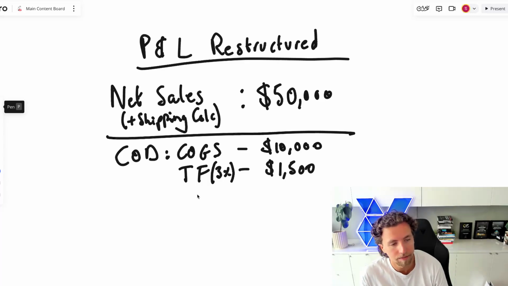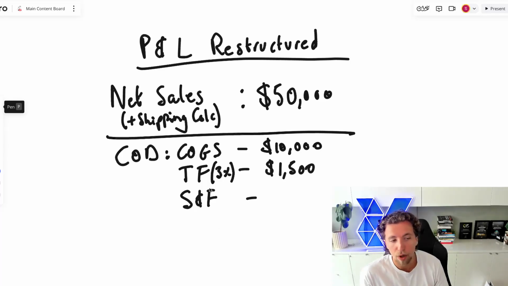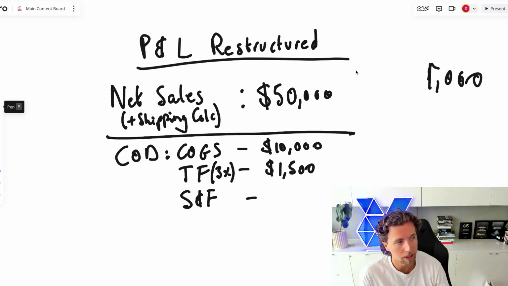But then there's also shipping and fulfillment fees. And so this is at a per unit level, and you want an average cost. And this is something that you should always be able to get from clients, or if you're an internal brand watching this, you should know this figure off the top of your head, which is on average of the 1,000 orders that we fulfilled last month, how much did we pay to our shipping courier, right?